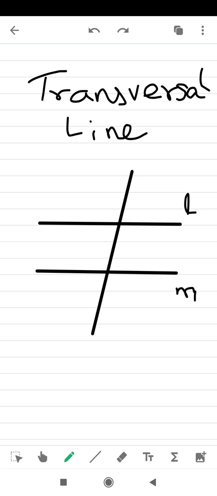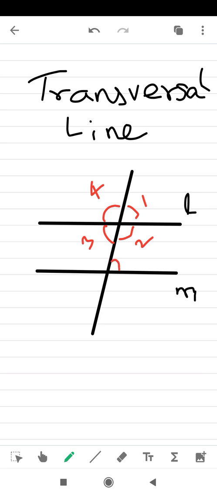Here angle 1 is formed. Let me go clockwise. Here angle 2 is formed, here angle 3 is formed, and here angle 4 is formed. So when a transversal line cuts a parallel line, it creates 4 angles. Does it create only 4? It has cut the other parallel line also.